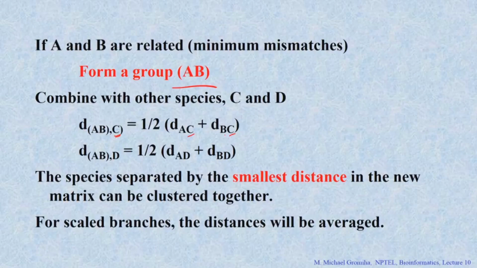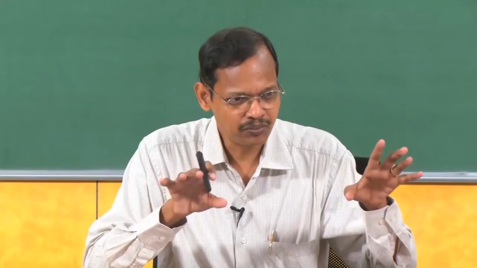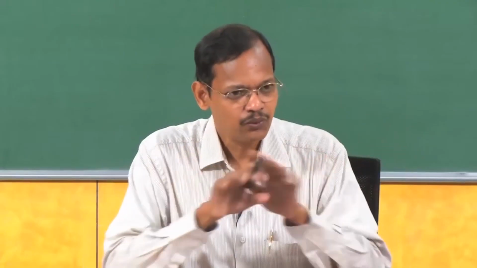Take the A and B distances to C and average them to get AB to C. Likewise you can do AB with D: take A with D and B with D and average them. Now you see which values are smallest, to see which two are close to each other. Likewise construct for everything, and based on the smallest distances we can construct a tree.